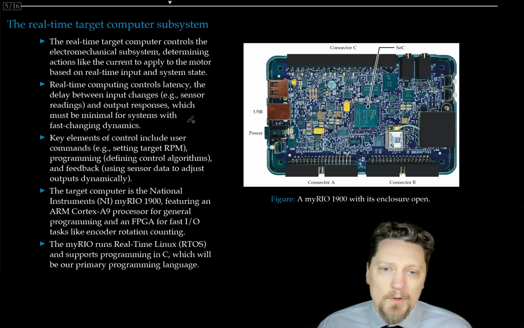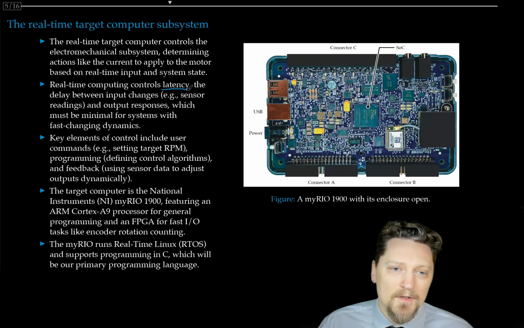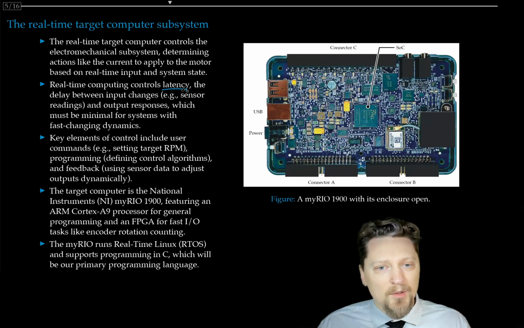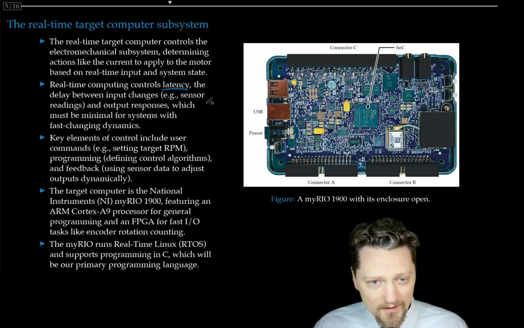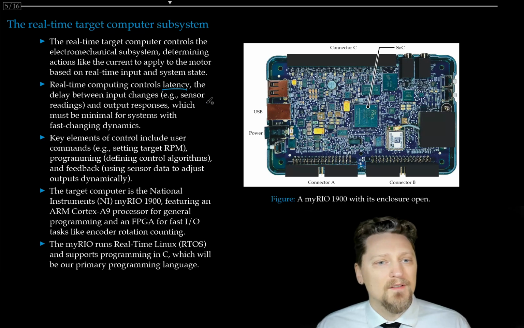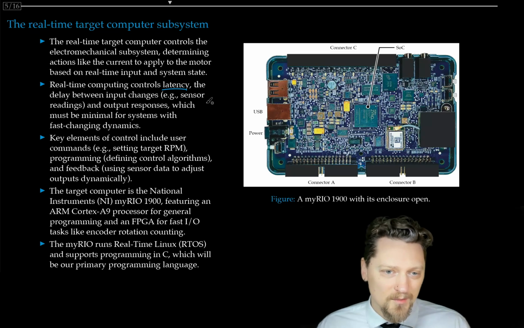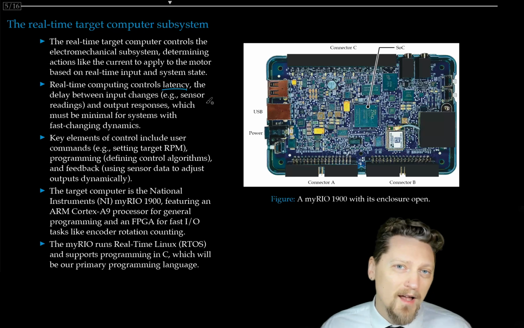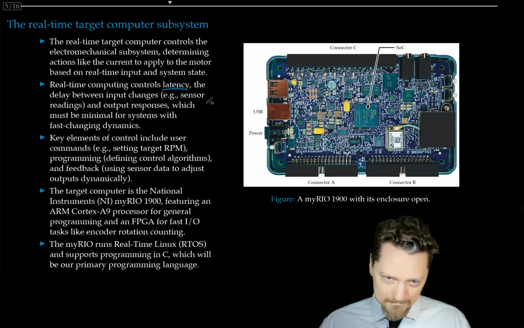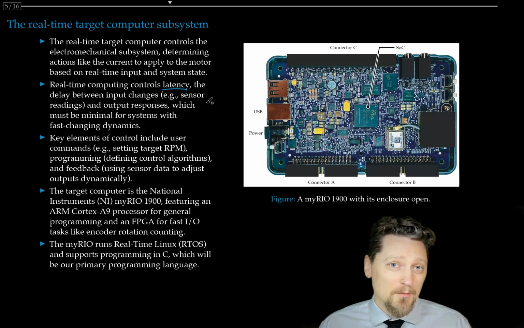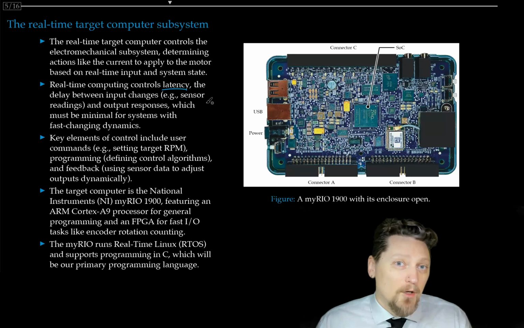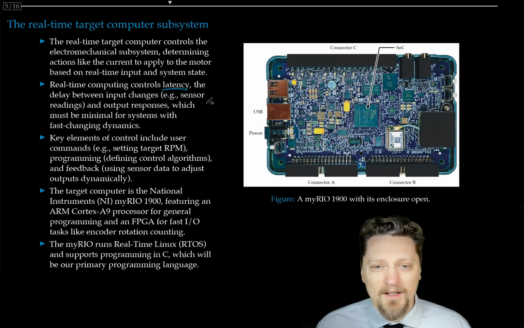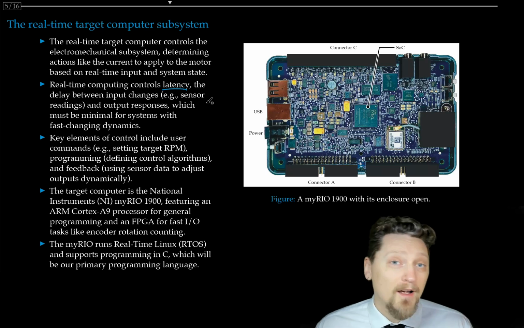Real-time computing controls latency, which is the delay between input changes, for example, sensor readings, and output responses, which must be minimal for systems with fast-changing dynamics. That's the real-time aspect of this, right? We have a computer that's interacting with a real physical system, in this case a motor with a flywheel on it, and that's not waiting around for anyone.